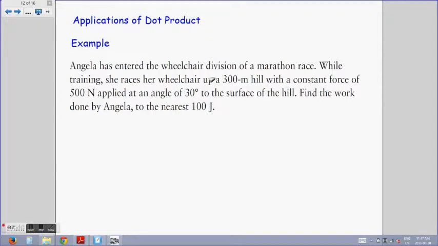Now, work is in units of joules, okay, and we have to make sure that we're always in our standard SI units. So in this case, distance is always in meters and force is always in newtons. Okay, so when we have that, then our work will have the proper units of joules, because a joule is equal to a newton meter.